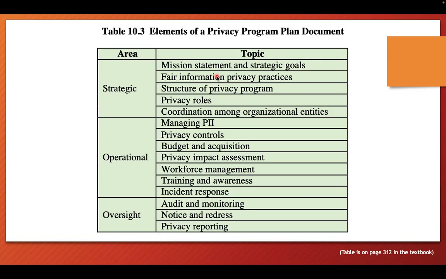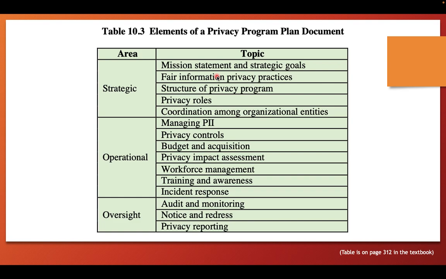So the privacy program plan document has to look at these three areas: the strategy that is being used, the operation, the mode and method of operation, and the oversight. When you say strategic, you look at the mission statement and strategic goals, the fair information privacy practices, the structure of the privacy program, privacy rules, and so on.